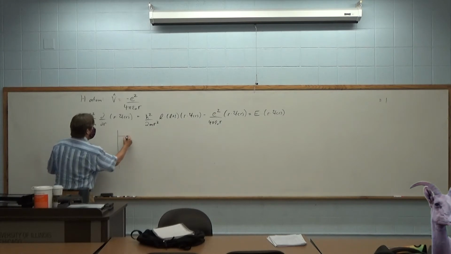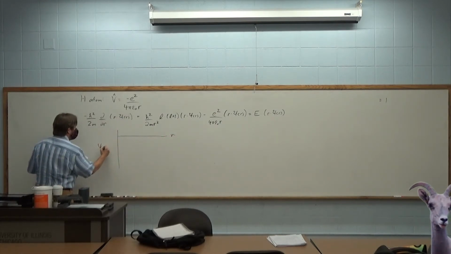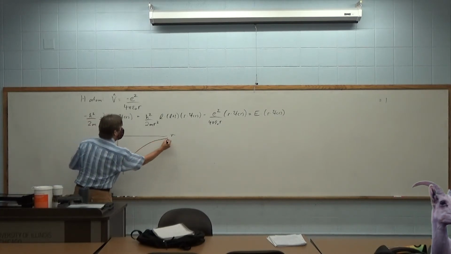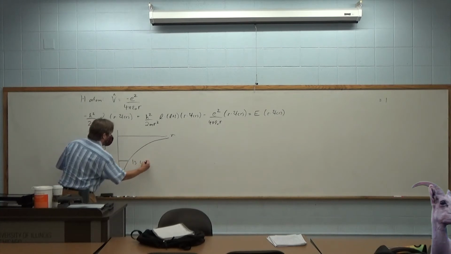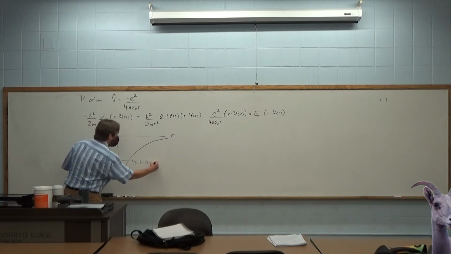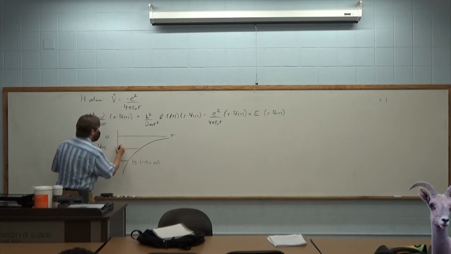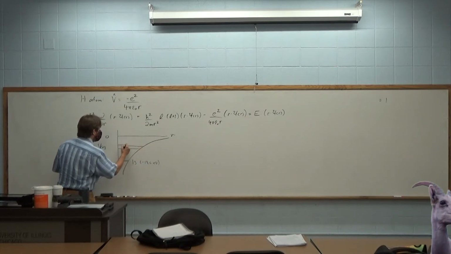Where it does something kind of funky is that the potential energy is negative. So here's a 1 over r upside down. The 1s state is at minus 13.6 eV, I think. And then you get the 2s. The 2p is the same.